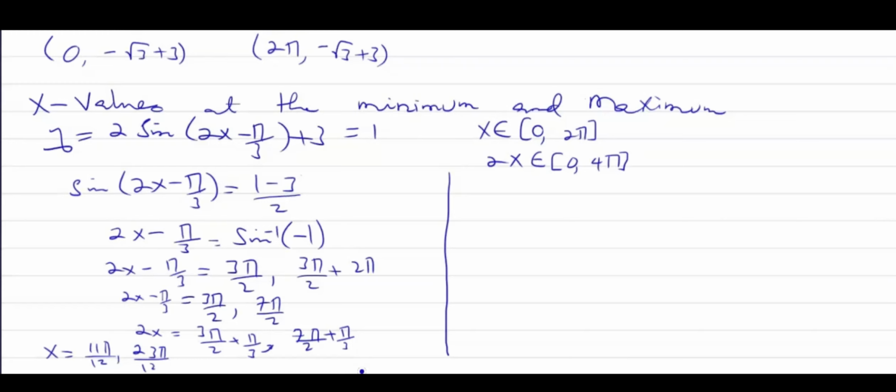So that means I also have to get the value of x when it's at the maximum, and the maximum value was 5.